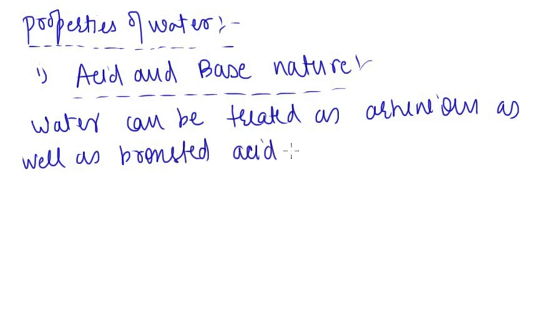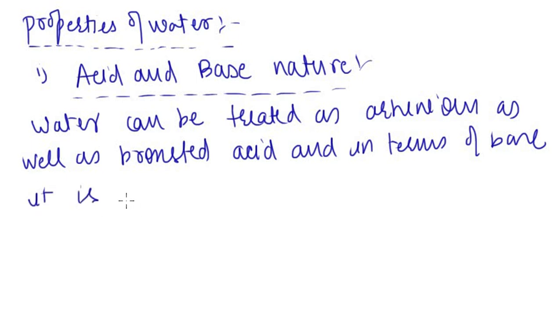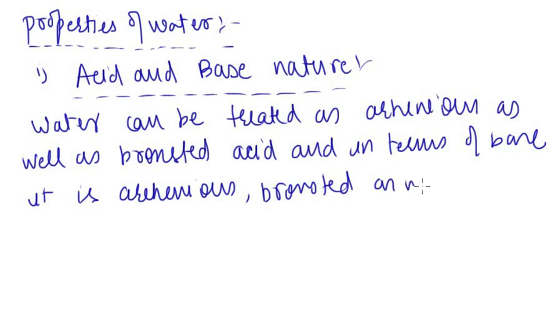Now what is Arrhenius acid? Bronsted acid we have seen previously also. And in terms of base, whenever we are talking about the base, it is Arrhenius, Bronsted as well as Lewis base.